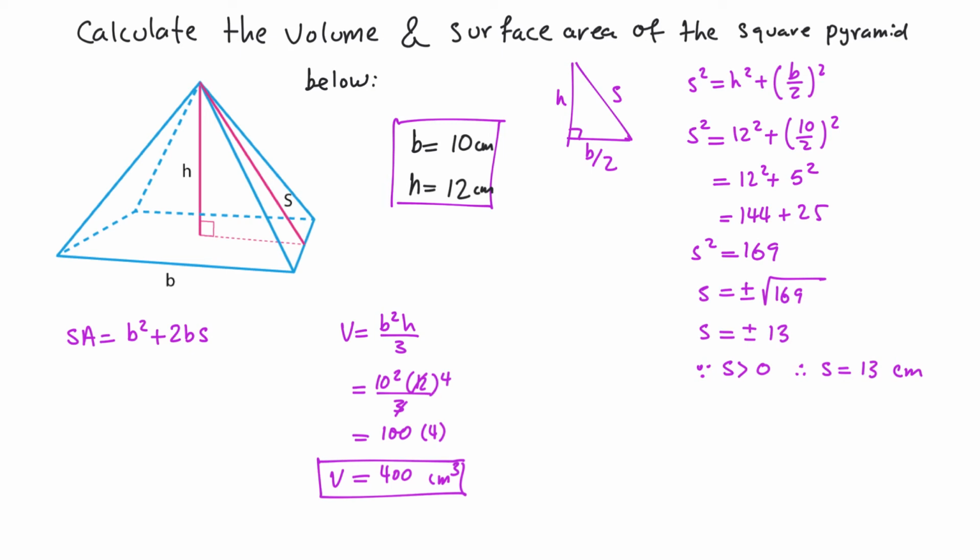Great, I love round numbers, so plugging all my values back in here, surface area is equal to b squared, which is 10 squared, plus 2 times b, which is 10, times s, which is 13. 10 squared is 100, 2 times 10 is 20, 20 times 13 is 260, and if I add these I will get 360 as my surface area.